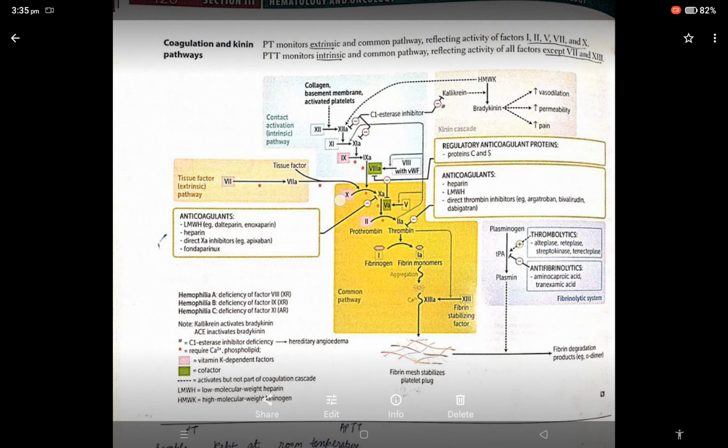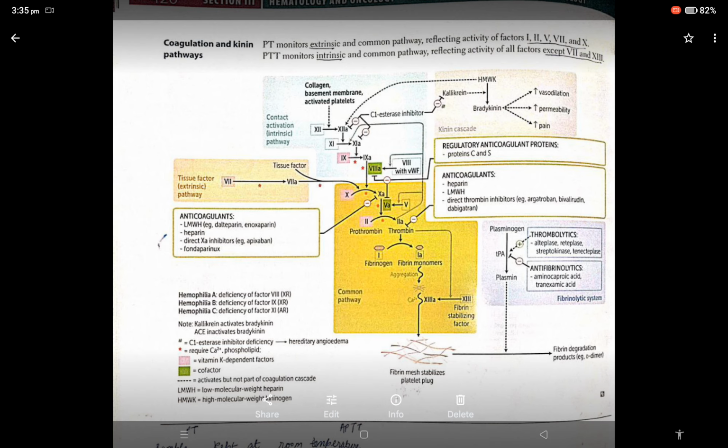So 12, 11, 9, 8, 7, then comes the 10. After 10 is factor 5, then factor 2.